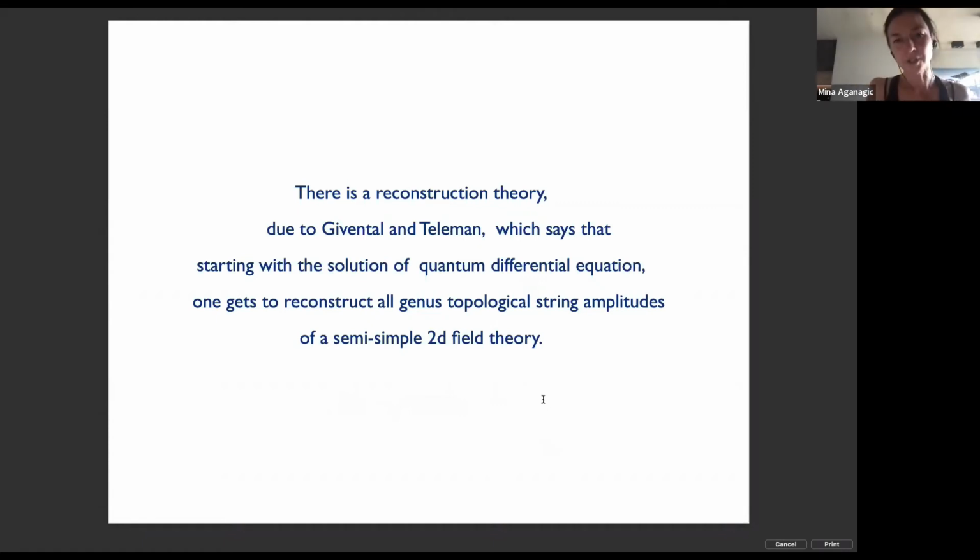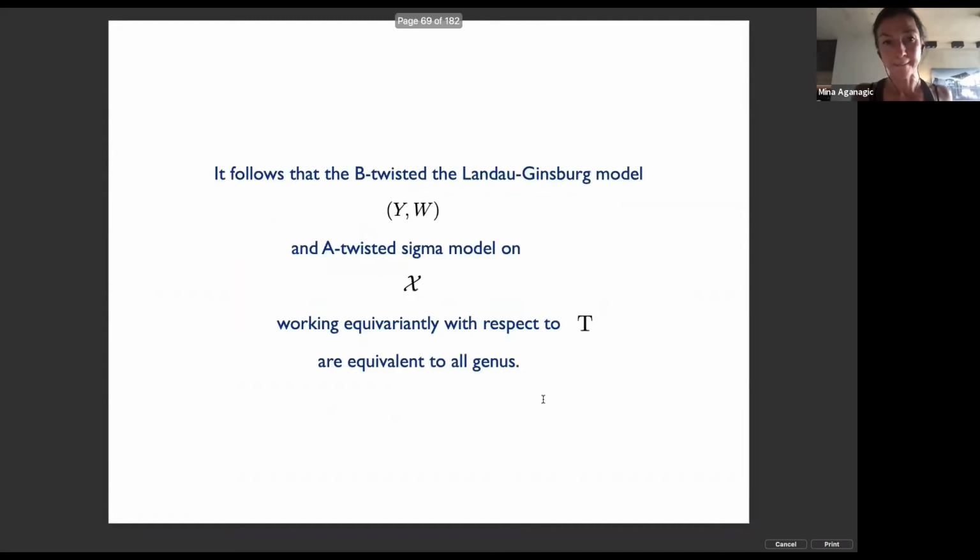There's a reconstruction theorem due to Givental and Teleman, which says that starting with the solution of the quantum differential equation, one gets to reconstruct all genus topological string amplitudes of any semi-simple two-dimensional field theory, any massive two-dimensional field theory. So it follows from these theorems that the B-twisted Landau-Ginzburg model on Y with potential W and the A-twisted sigma model on the big X, working equivariantly with respect to T, are equivalent to all genus.